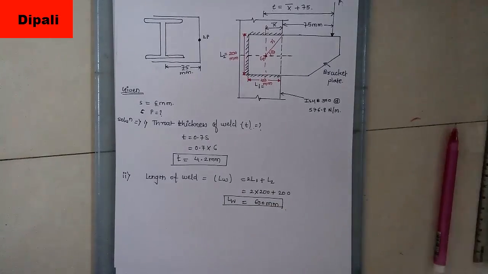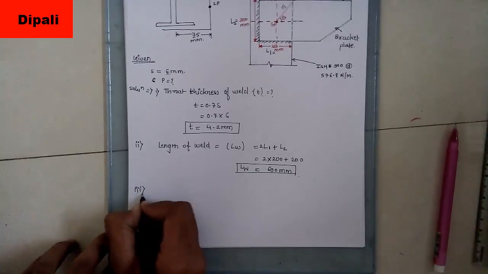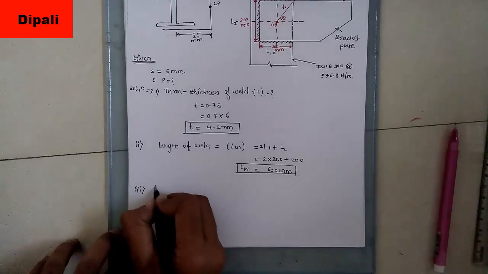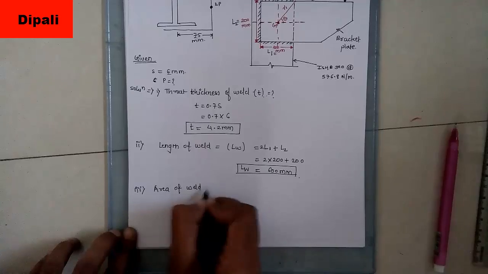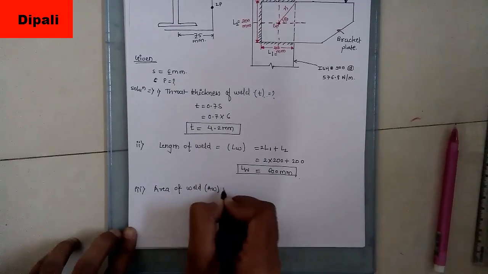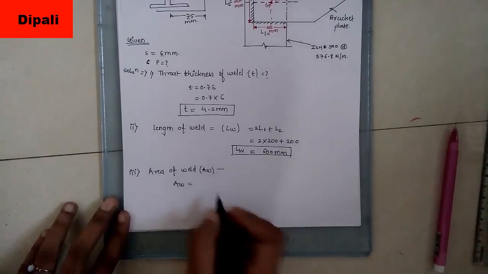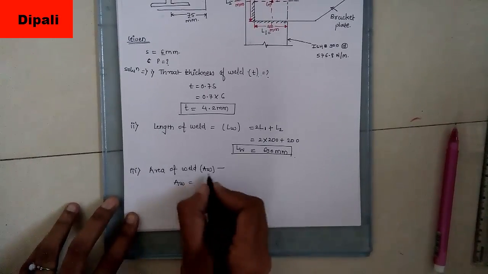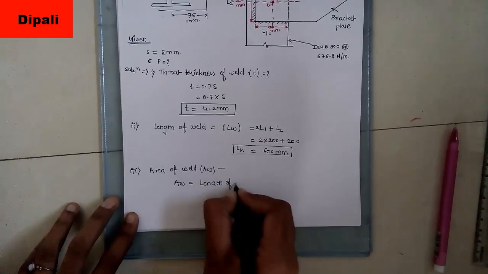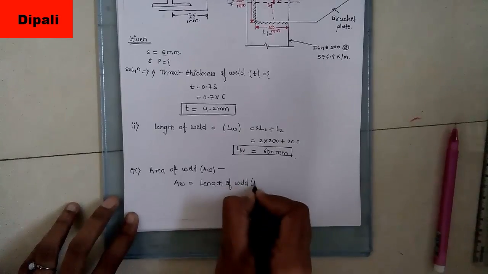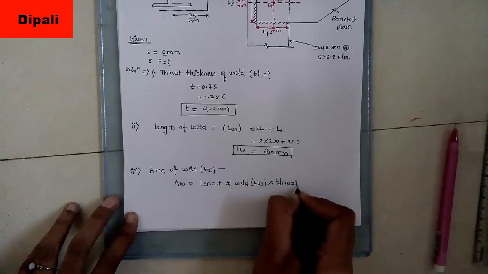After that, the third step is the area of weld, AW. The formula for AW, the area of weld, is length of weld LW into T, the throat thickness of weld.